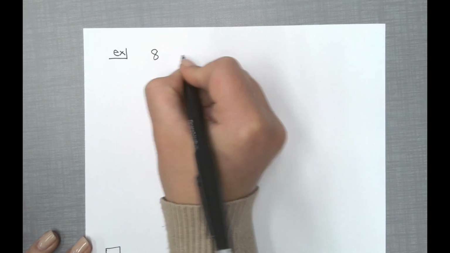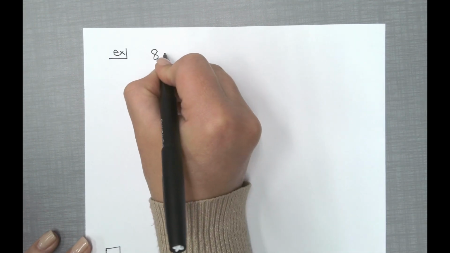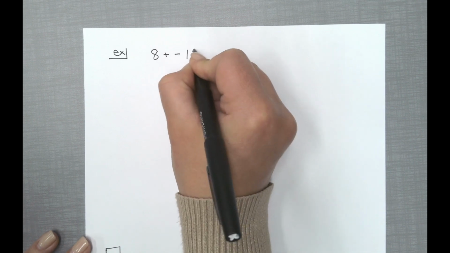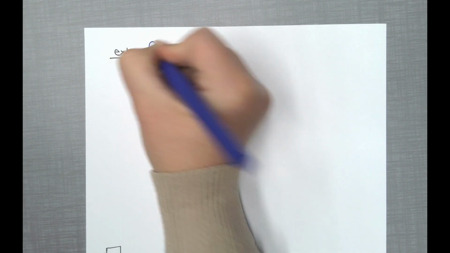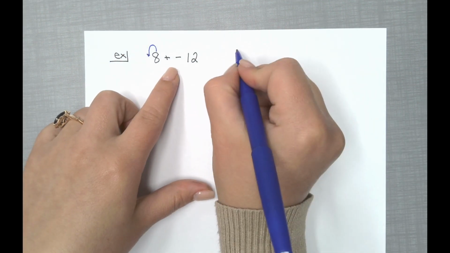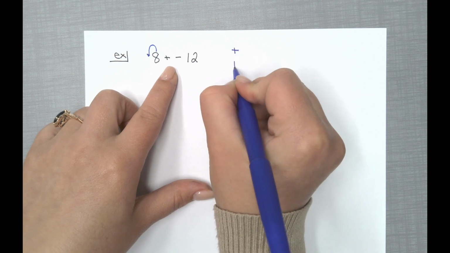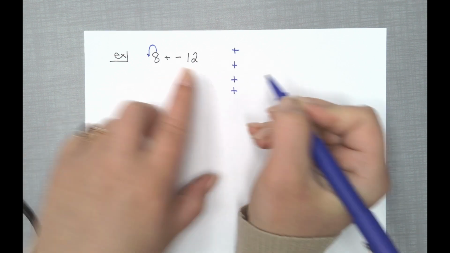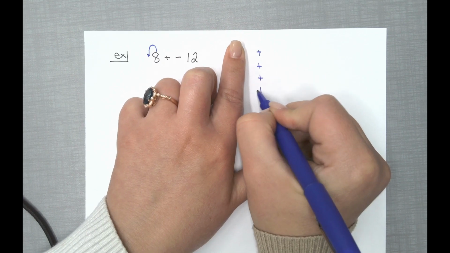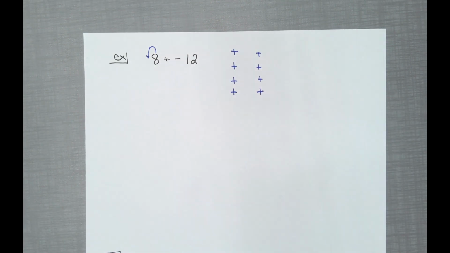This is 8 and negative 12. So let's do something like this. When we show that we have 8 positives, I'm going to separate them out with some space. 1, 2, 3, 4. I'm going to leave some space. 5, 6, 7, 8. Okay, so there's some space there.